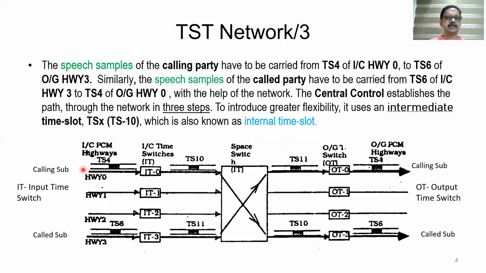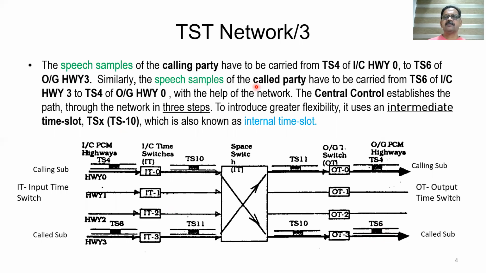The information of the calling party is available in TS4, and we have to switch the calling party's speech to the called subscriber in highway 3, TS6. So outgoing PCM 3, time slot 6.